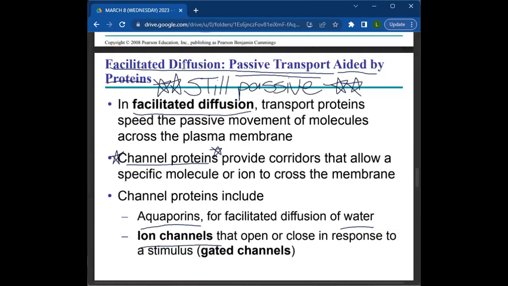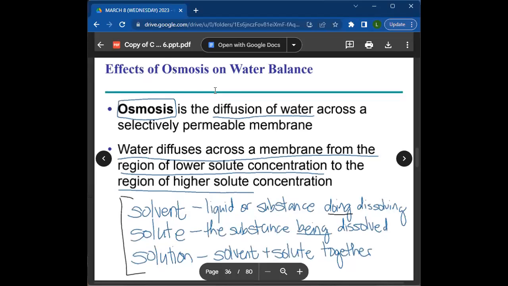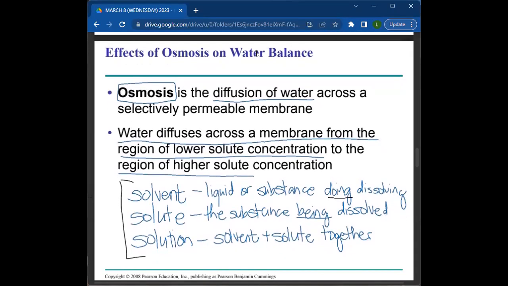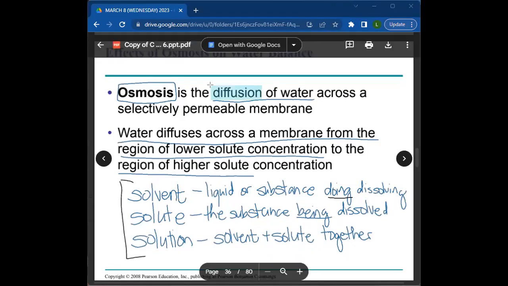All right, now let's go back up and take a look at osmosis. With osmosis, there are a couple of really important things. You need to know all parts of this definition. Osmosis is, guess what? A type of diffusion. And it's not just diffusion of anything, it's the diffusion of water.